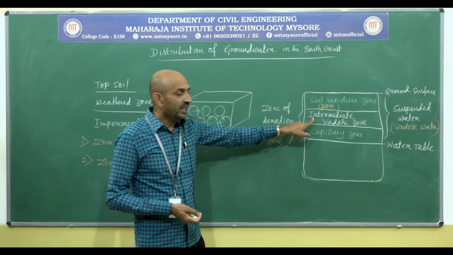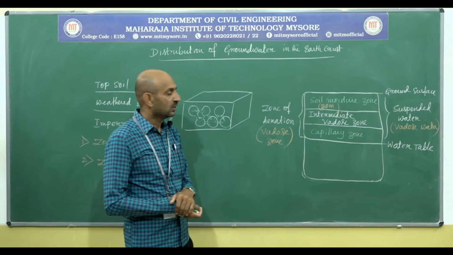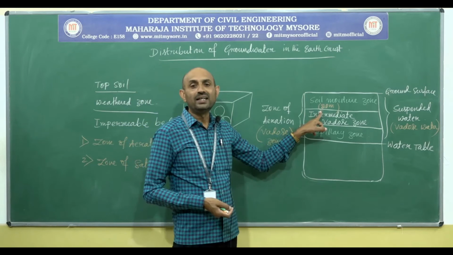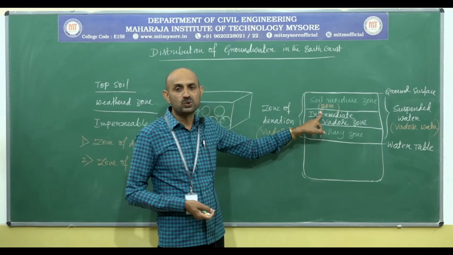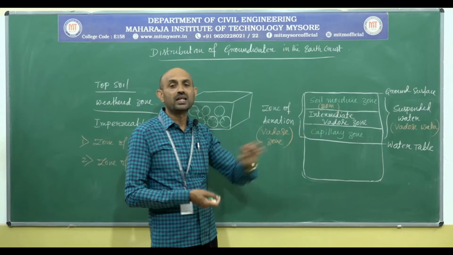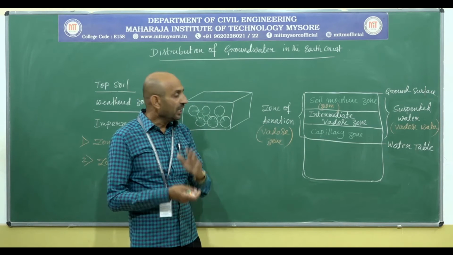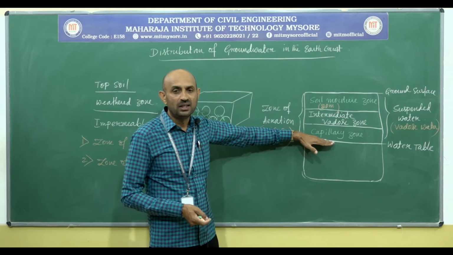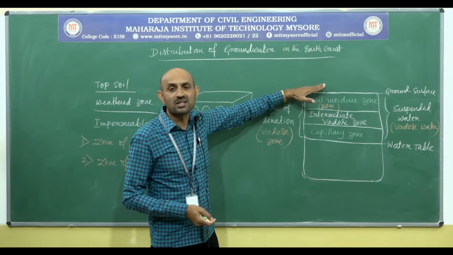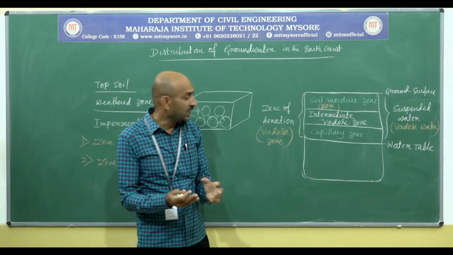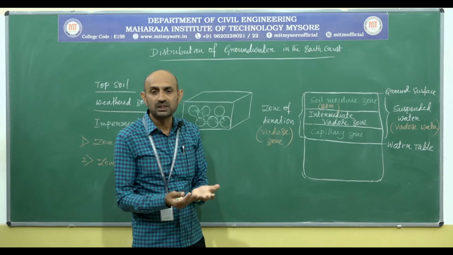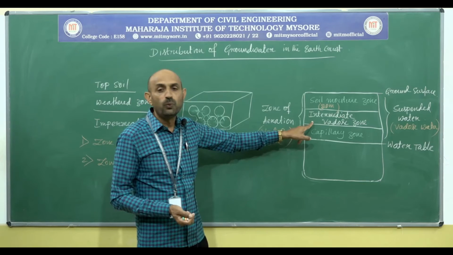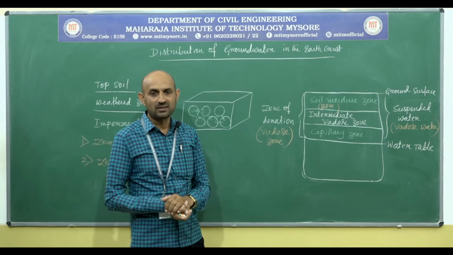The second one is the intermediate vadose zone. This zone extends from the lower edge of the soil water zone to the upper limit of the capillary zone. In areas where the water table lies close to the ground surface, where we find the water table at a shallow depth, definitely the intermediate vadose zone may be absent.